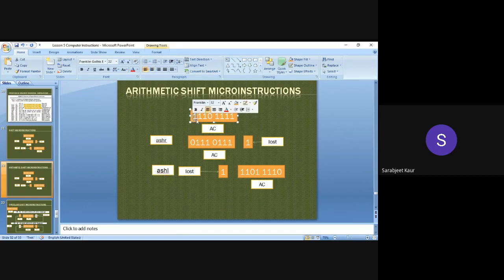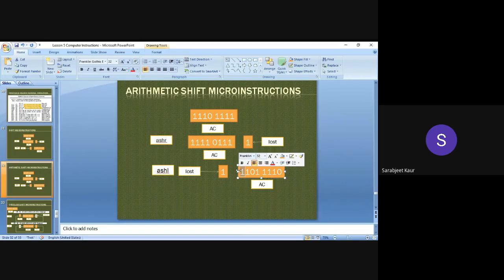The remaining shift operation is performed as it is, so this bit will remain as it is, and the remaining bits will be shifted right. Similarly in arithmetic shift left also we will not be shifting the sign bit, and the remaining bits will be shifted.